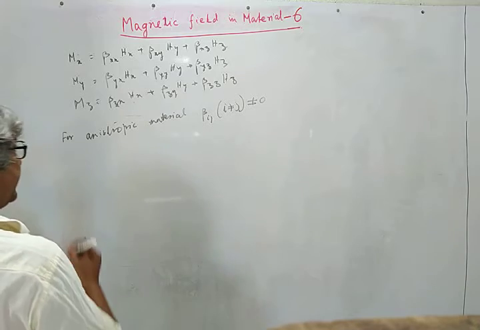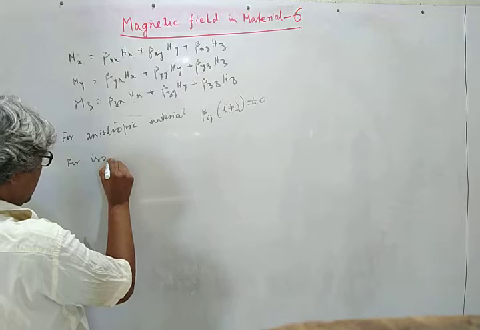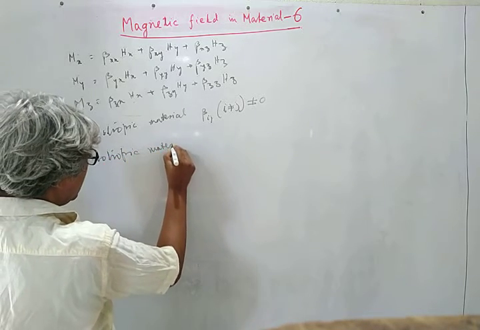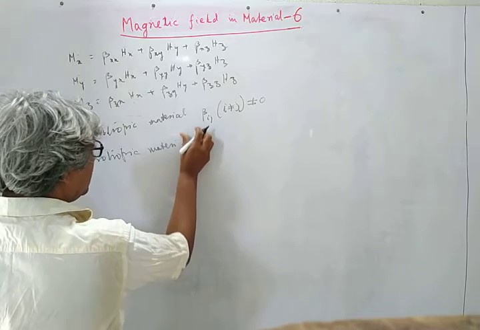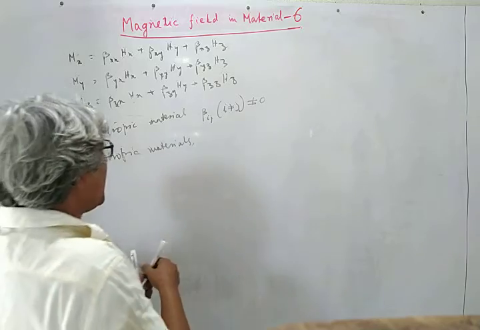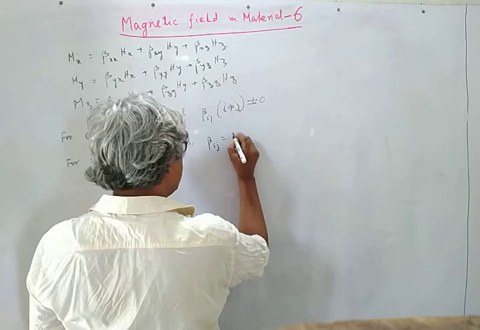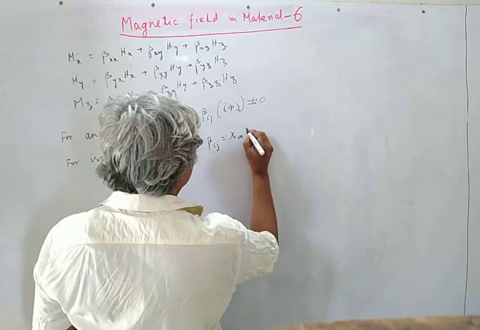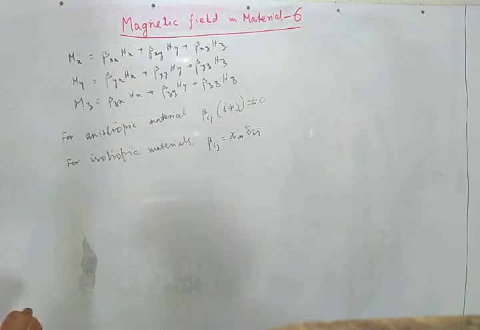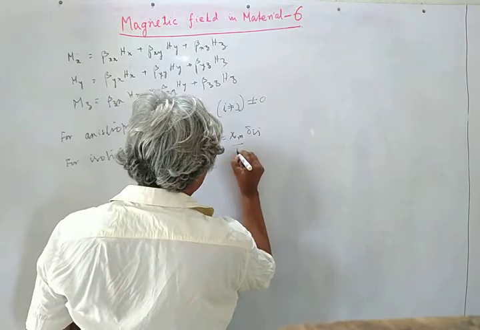And for isotropic material, beta_ij is equal to some constant chi_m times delta_ij. It is a constant for all i, the same for all i.